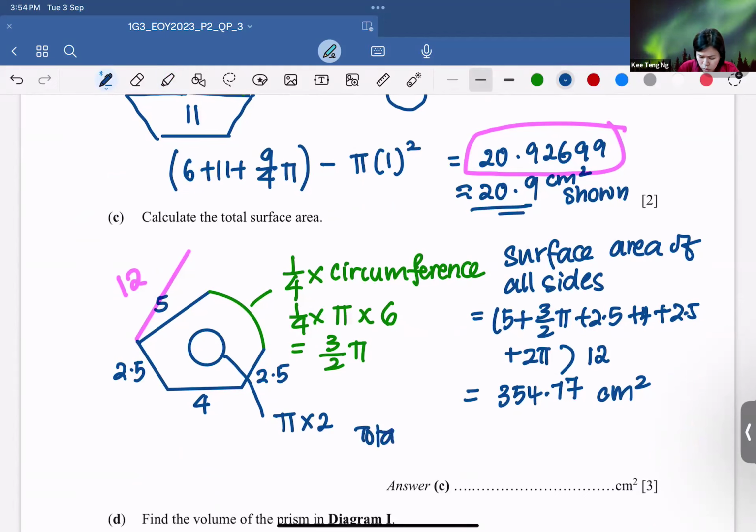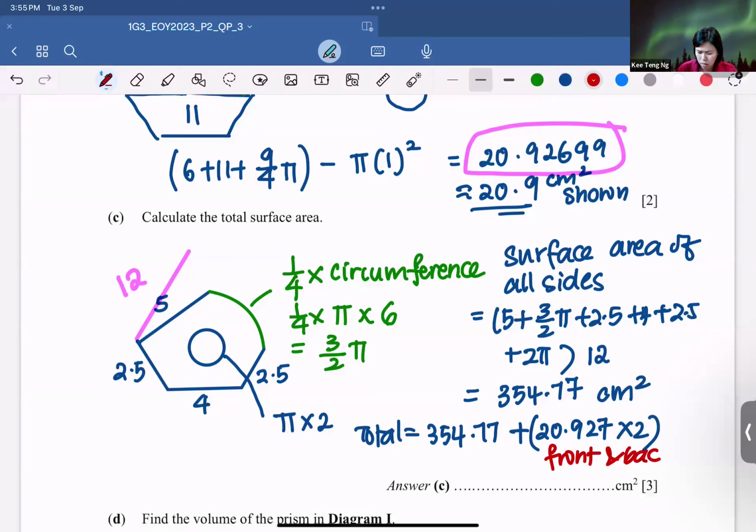So the total will be equal to 354.77 plus the front and back, my cross section. I should write it as 20.927 times 2, front and back.